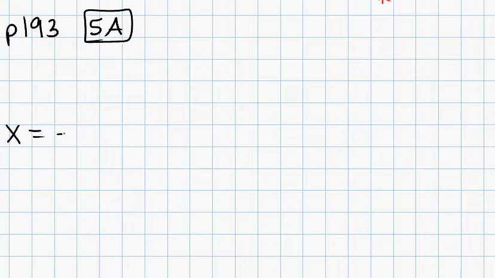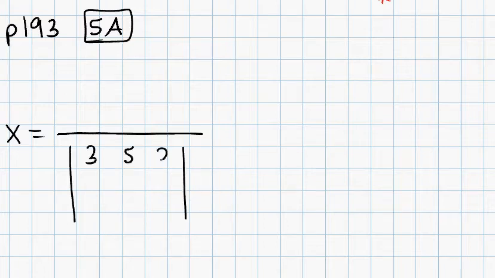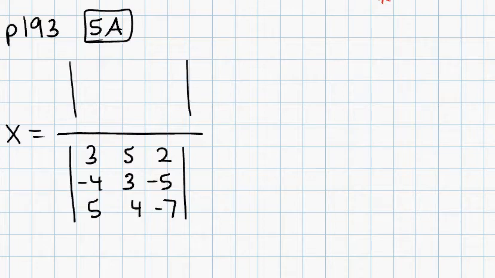So for problem 5A, if we start with the denominator, we'll have 3, 5, 2, -4, 3, -5, 5, 4, -7. And when we do x's numerator, we put the answers on the left because x's column is the leftmost column.